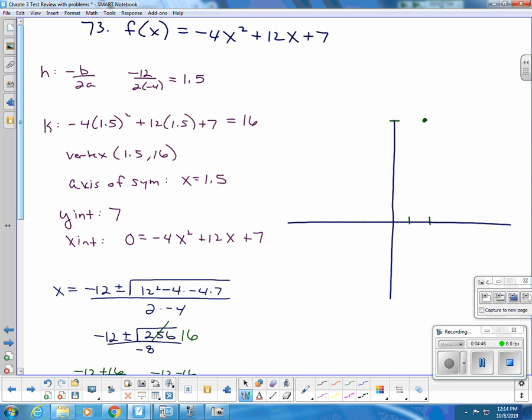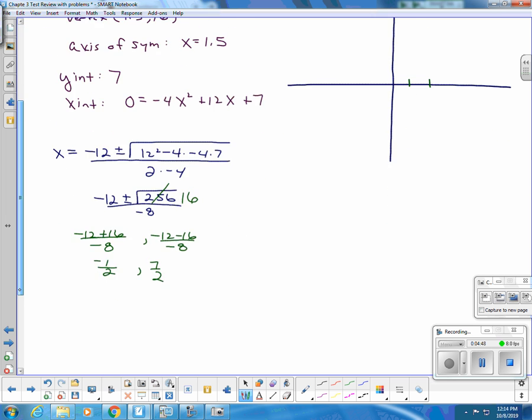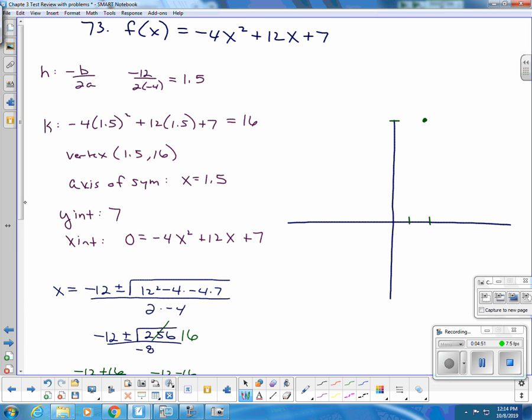Our X-intercepts are negative 1/2 and 3.5. So we can just graph it from there. Our y-intercept is 7. So we'll have a better graph hopefully tomorrow.